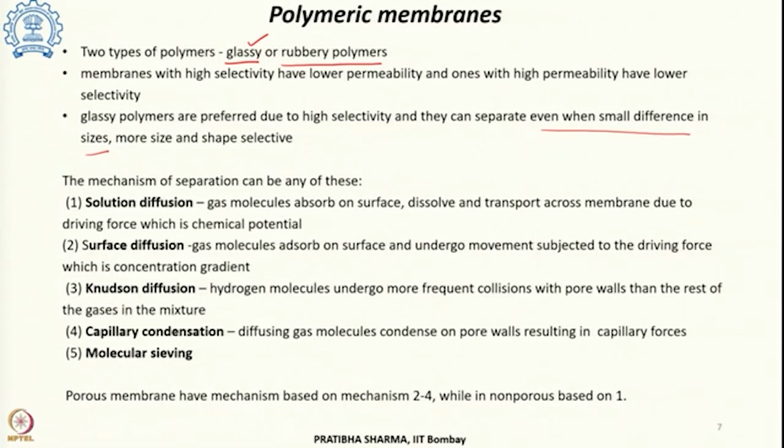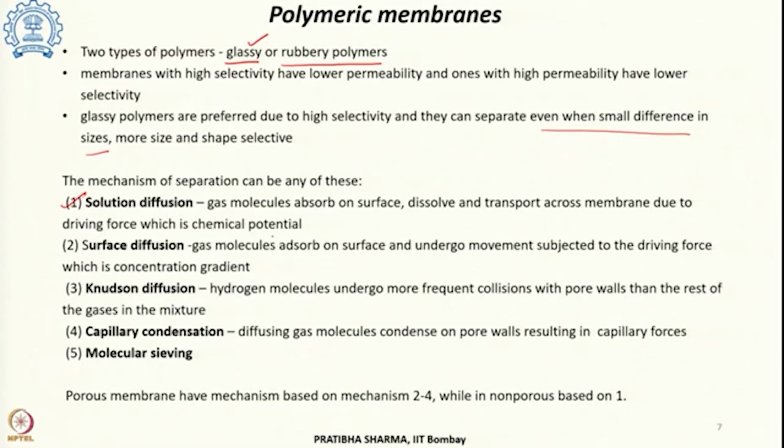Now usually the membranes which have high selectivity have a lower permeability, while the membranes which have a higher permeability have a lower selectivity. So there is a compromise between the two. When we consider the polymeric membrane, there are different processes by which the separation can be done. There can be a solution diffusion mechanism responsible for separation.